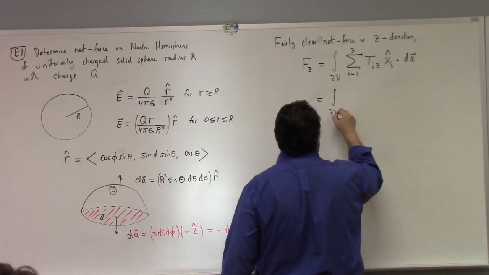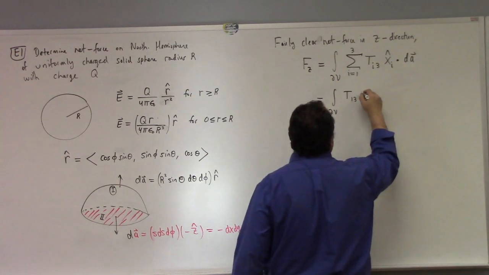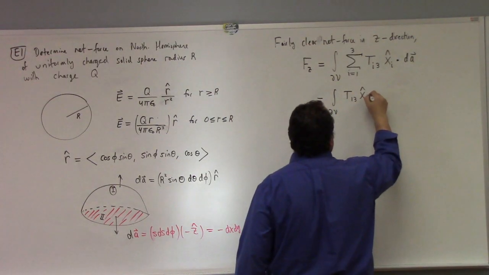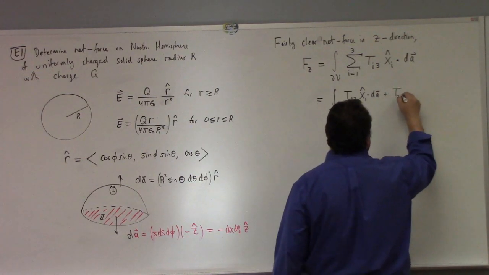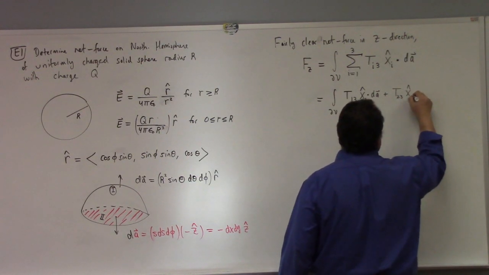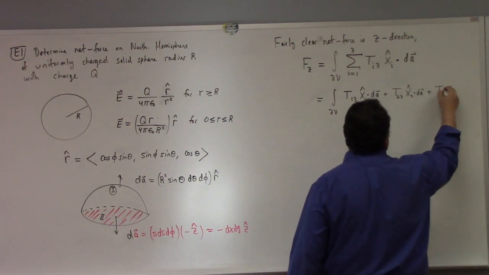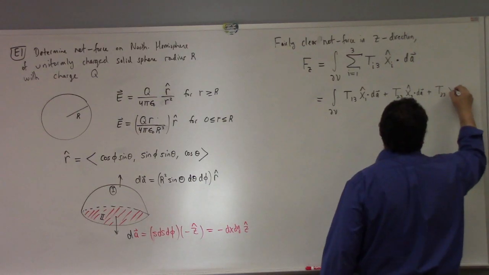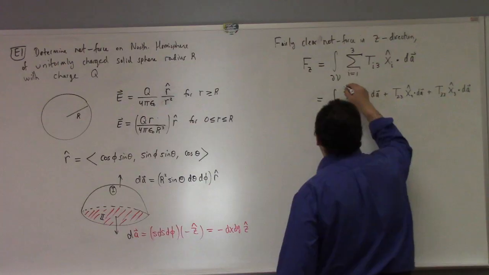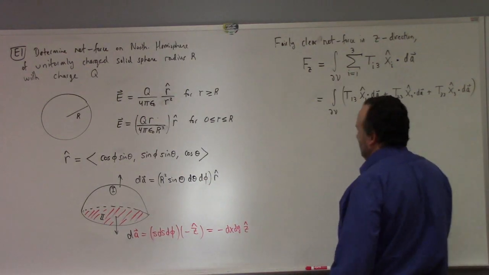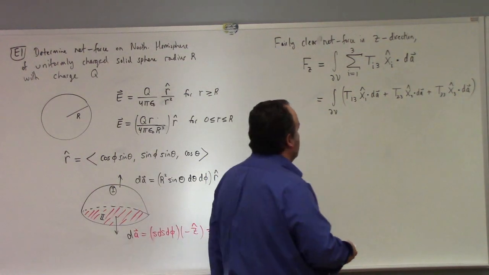This is the integral over the boundary of V of T_13 x hat 1 dot dA plus T_23 x hat 2 dot dA plus T_33 x hat 3 dot dA. That's what we're up against.